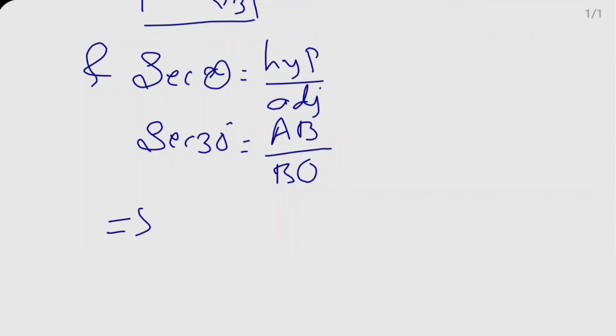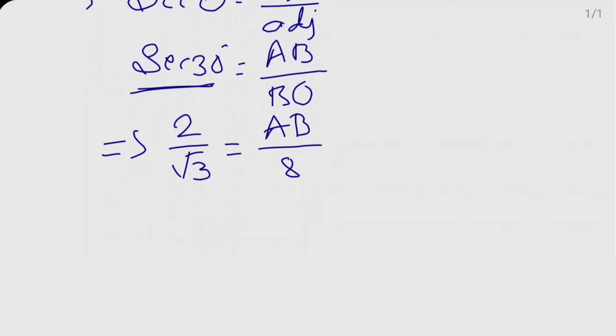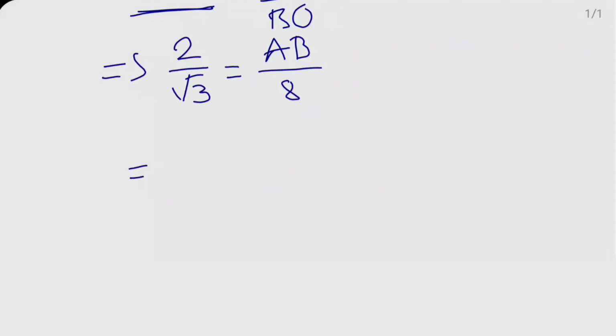We know that the value of sec 30 is 2 by root 3. So 2 by root 3 equals AB, which we don't know, keep as it is, divided by BO, which is 8. Now this implies AB equals, this 8 comes to the LHS and becomes a multiplication, so 2 into 8 divided by root 3.